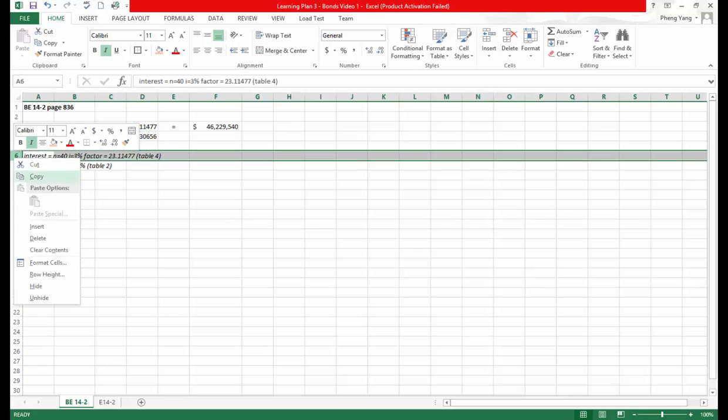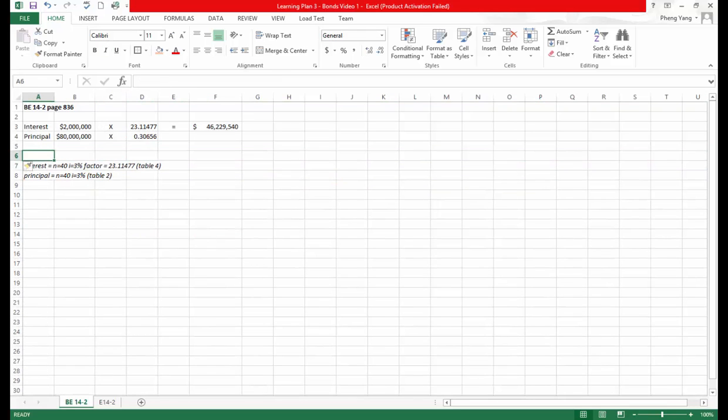Oh, and I forgot this too. The interest payment is 5% divided by 2, times 80 million, and if you do that calculation, it should equal 2 million.